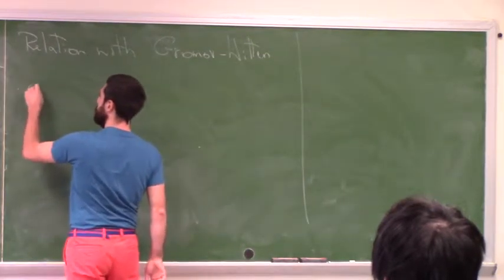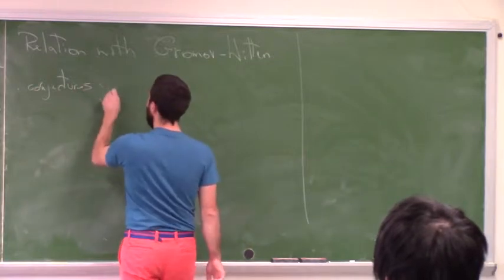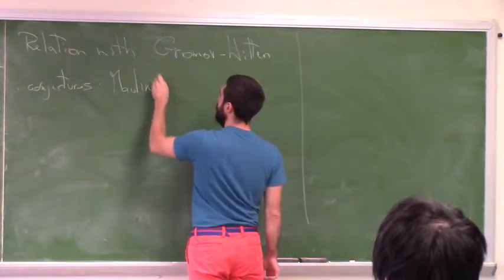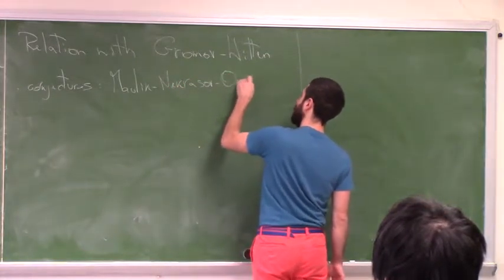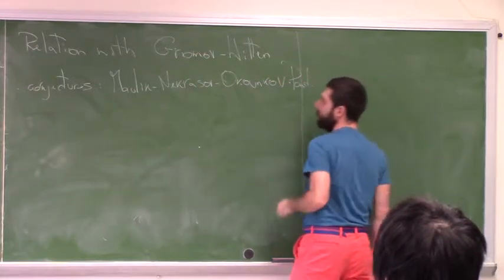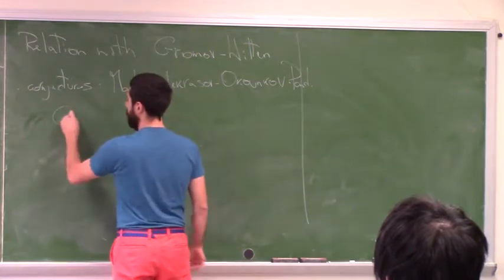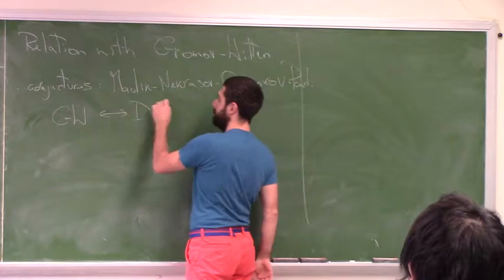There were some conjectures by Maulik, Nekrasov, Okounkov, and again Pandharipande, which basically say that from the Gromov-Witten theory, you can recover the Donaldson-Thomas theory.